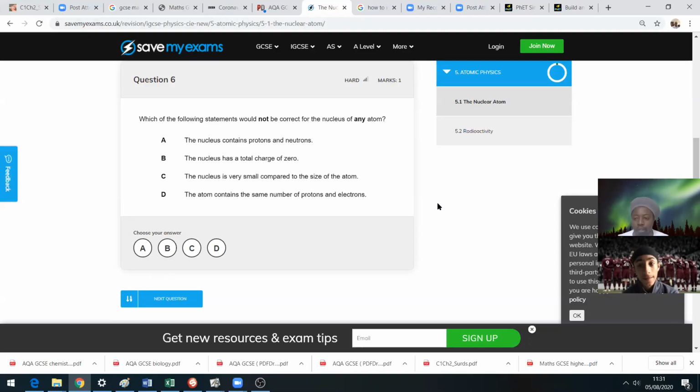It's impossible for it to have a total charge of 0. It was tempting. Were you tempted with A? No, I was actually tempted with C, but I remembered that an atom is actually mostly space. I just got mixed up. And it says would not be correct. Yeah. Okay.